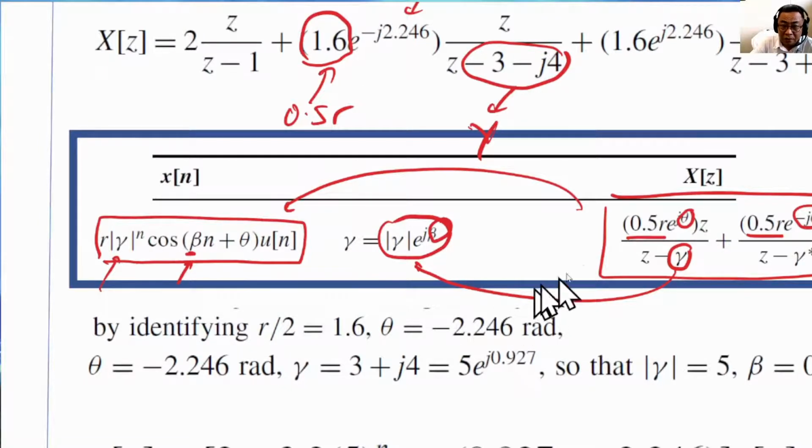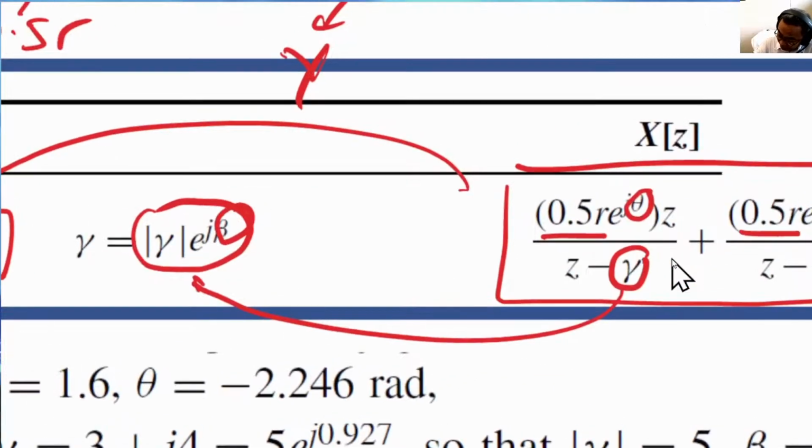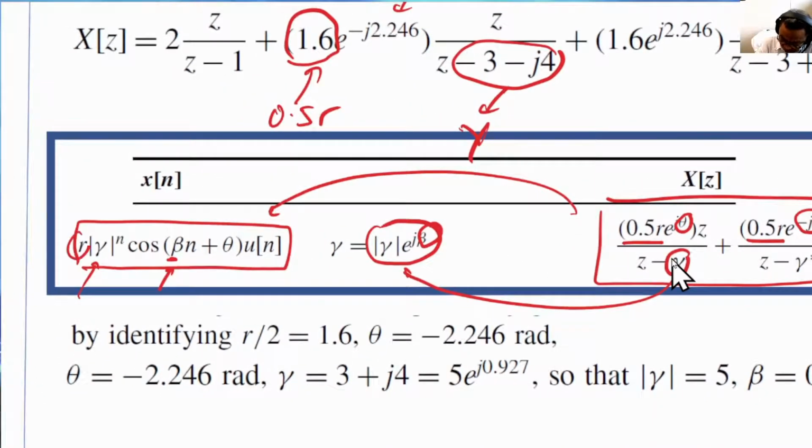What about 0.5 r? 0.5 r becomes r here. So although we are given 1.6 representing 0.5 r, later on r will become 1.6 times 2. Alright, what about theta? Theta is the phase, so we put it here.